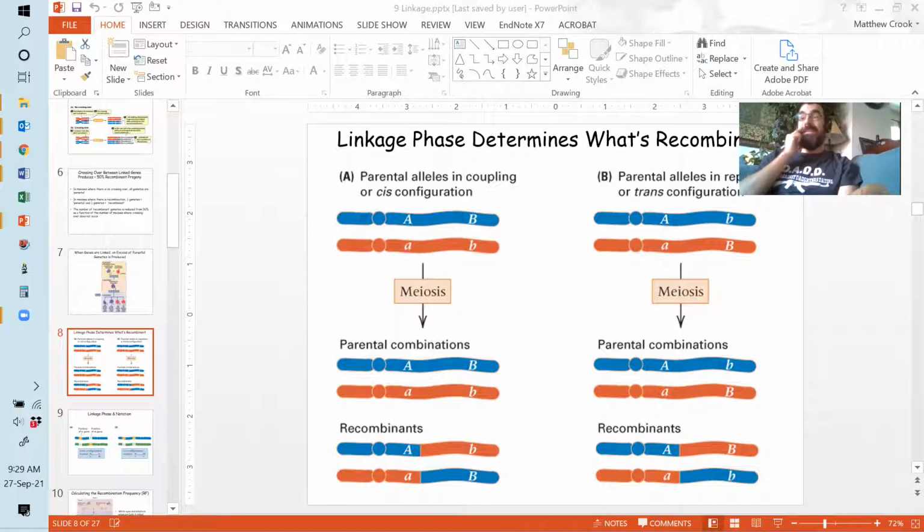To be able to see linkage, that organism has to be heterozygous, because otherwise you'll never see it. You'll get either a dominant and dominant or a dominant and dominant. You have to have the potential for different allele combinations in the first place just to be able to see linkage occurring. That's kind of the point of when I said recombination can occur anywhere along the chromosome. Just because it's not occurring between your 2 points doesn't mean it's not occurring. It's just occurring between points that you can't see the consequences of.